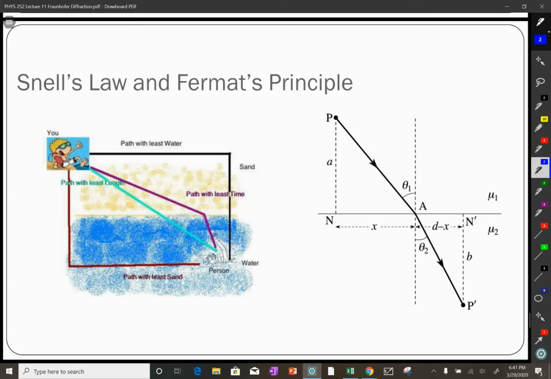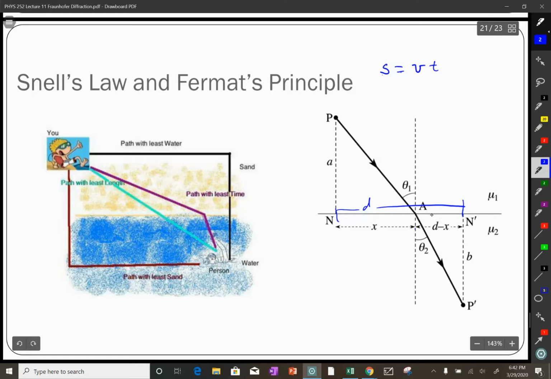You should be able to say, okay, I want to find what x is if it's a separation of d horizontally and A is in medium 1 and B in medium 2. I want to find the x that minimizes the time it takes to go from point A to point B. So since distance, better use something besides d, S for distance is equal to vt.